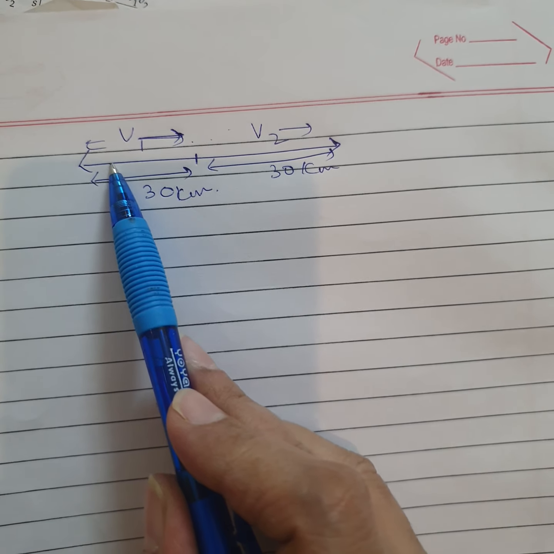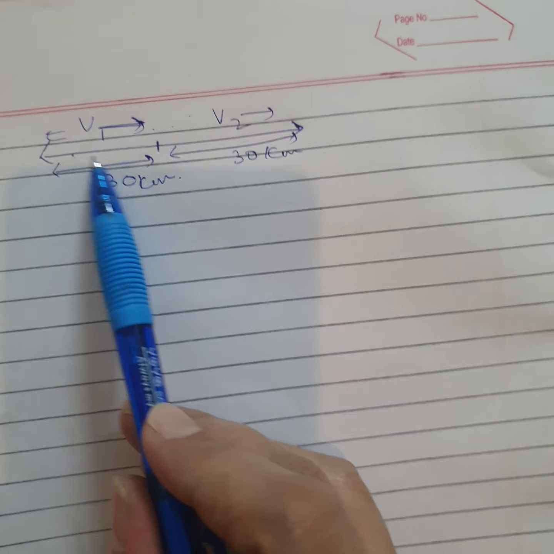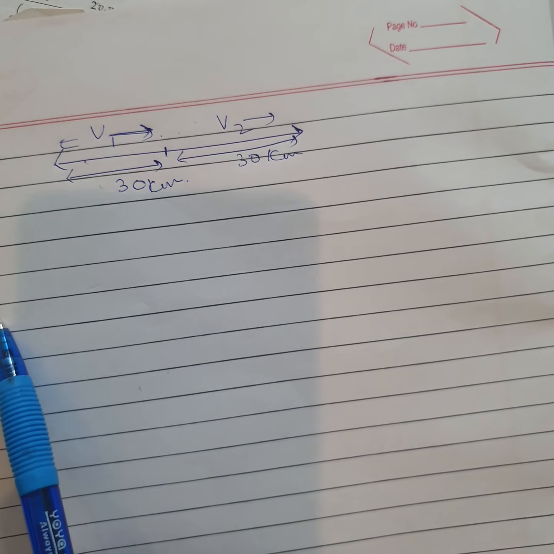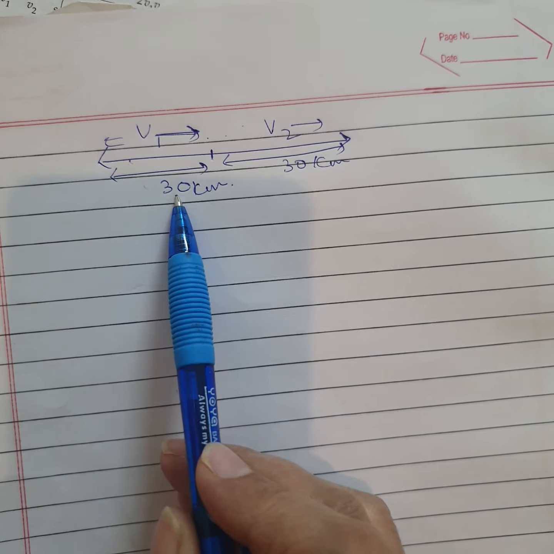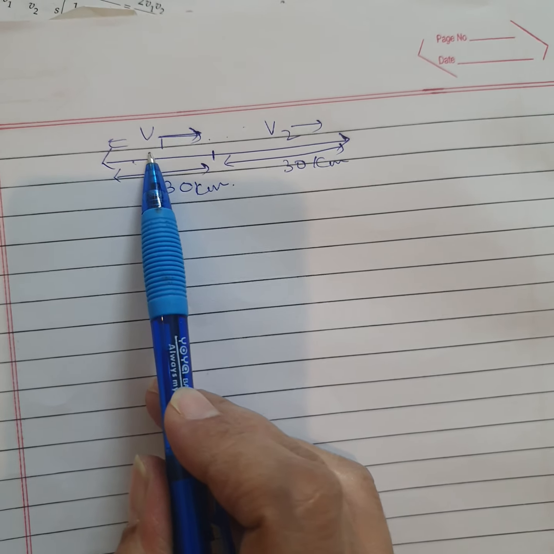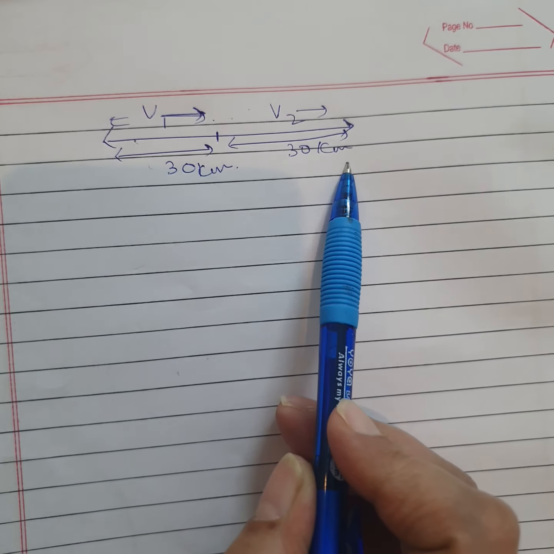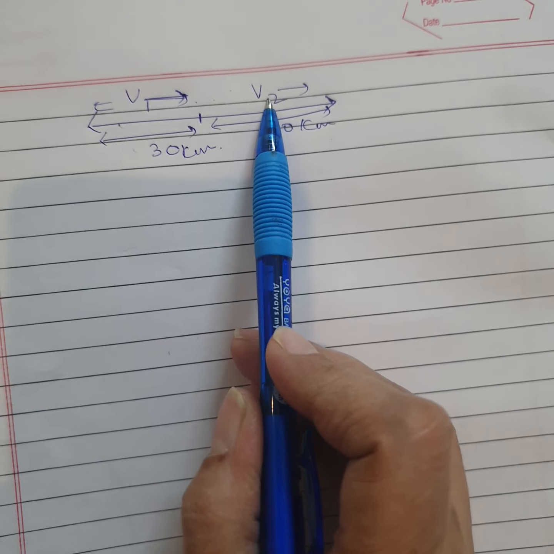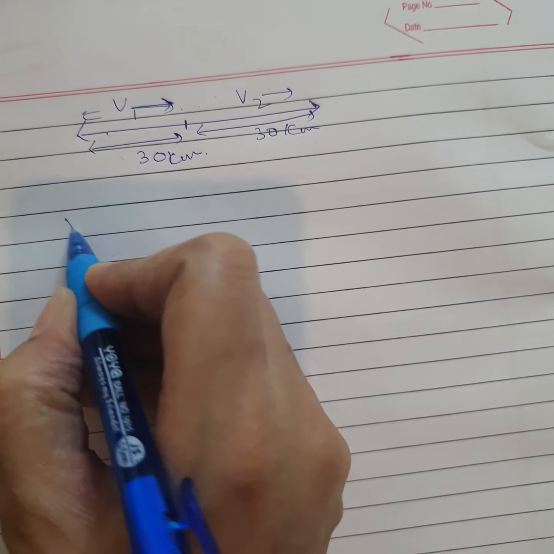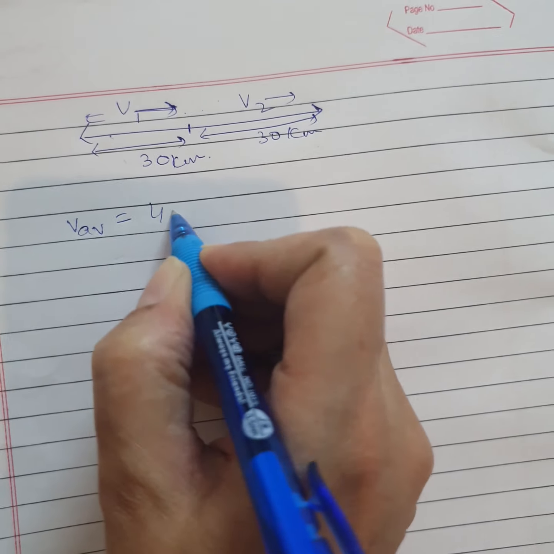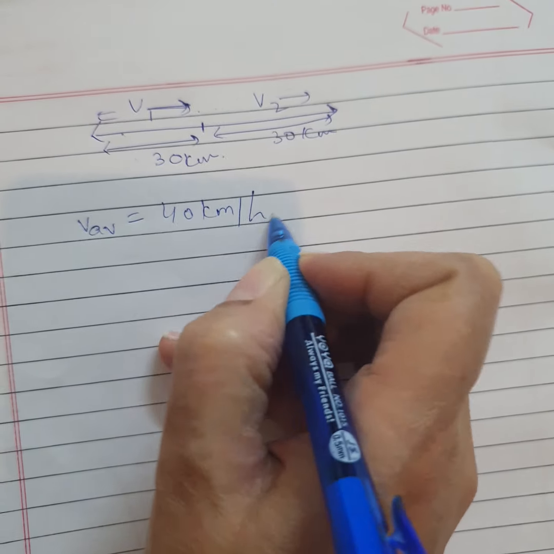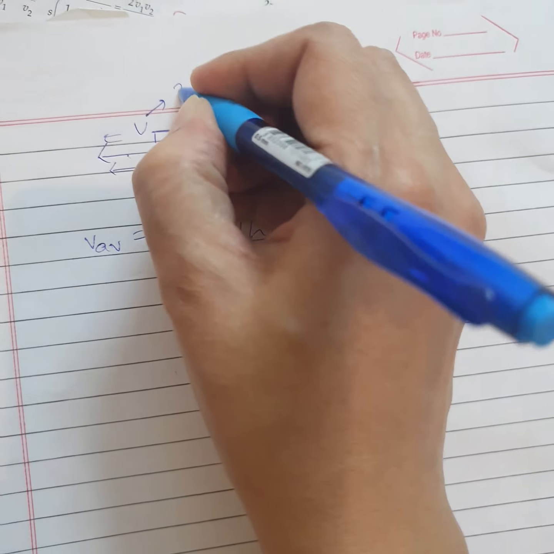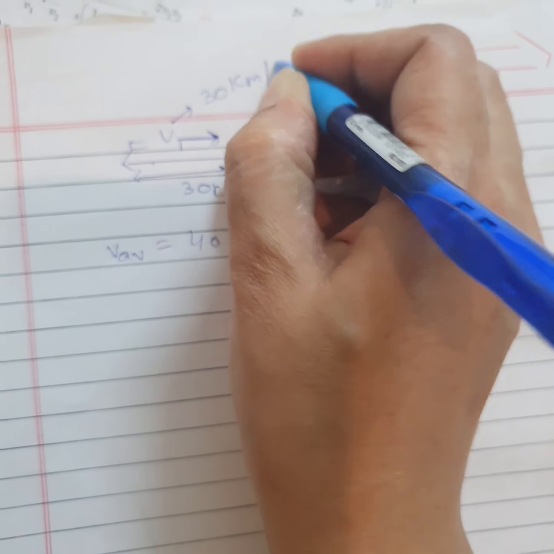According to question number 4, the total track is 60 km. Suppose the first 30 km is covered with speed v1, and the next 30 km with speed v2. Now average speed is given, that is 40 km per hour. v1 is given, that is 30 km per hour.